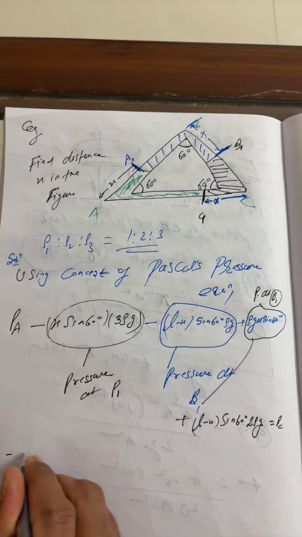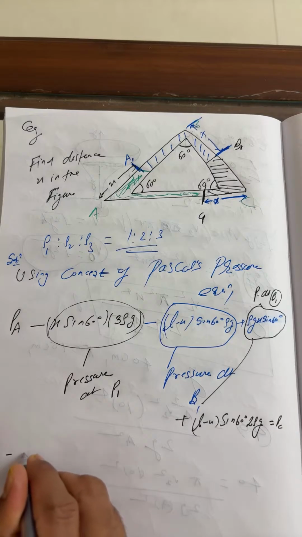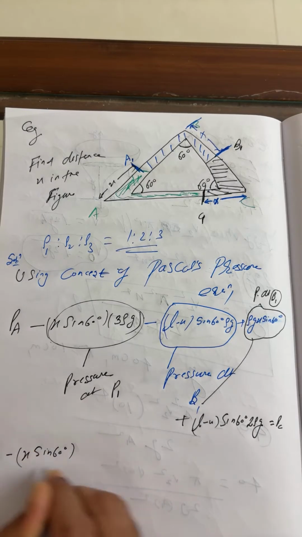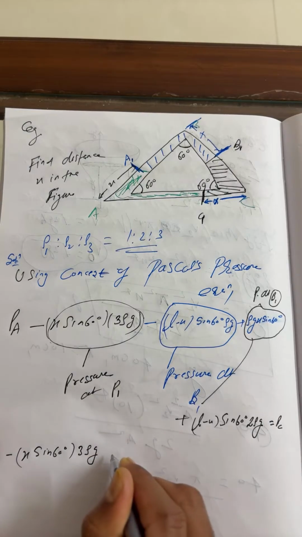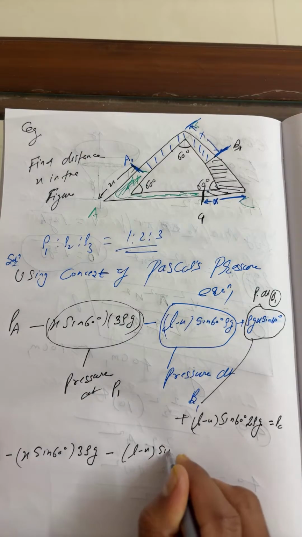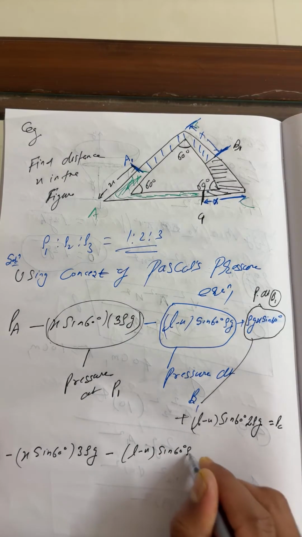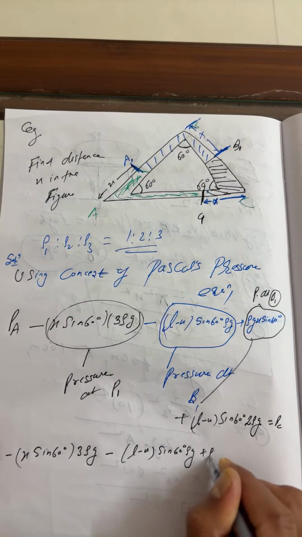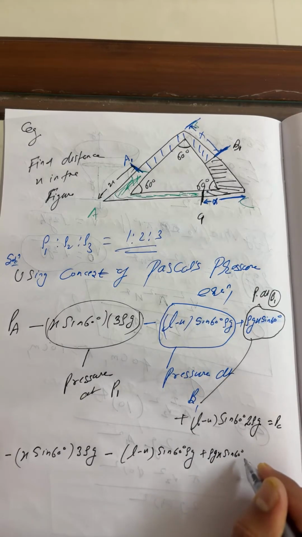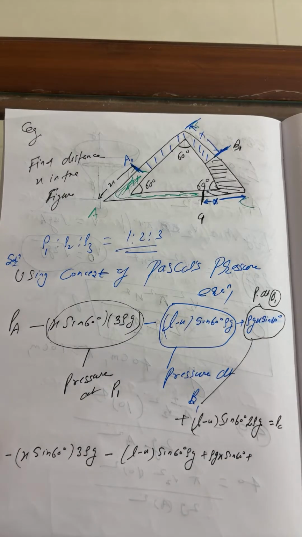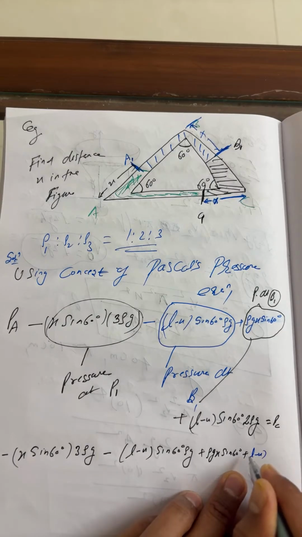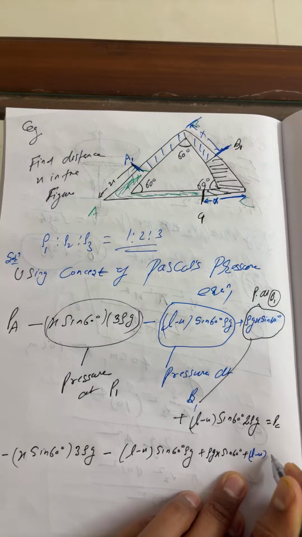Pressure at C minus g X sine 60 degree, 3 rho g minus L minus X sine 60 degree rho g plus rho g x sine 60 degree plus L minus X sine 60 here.